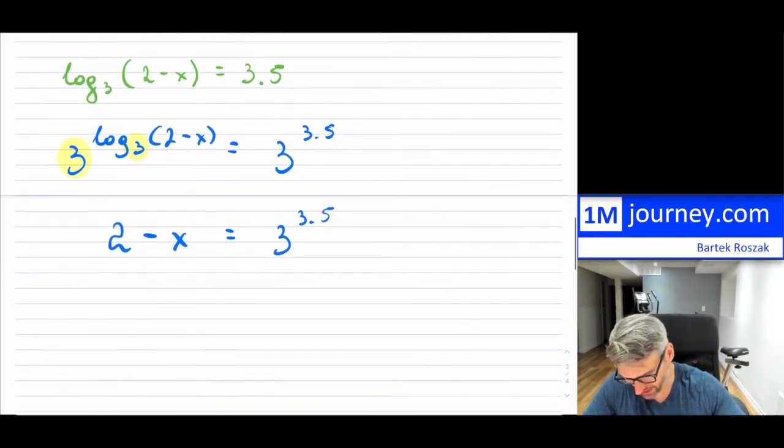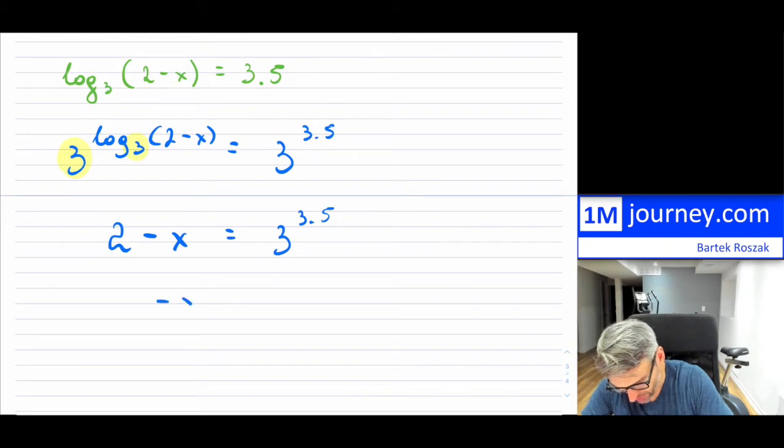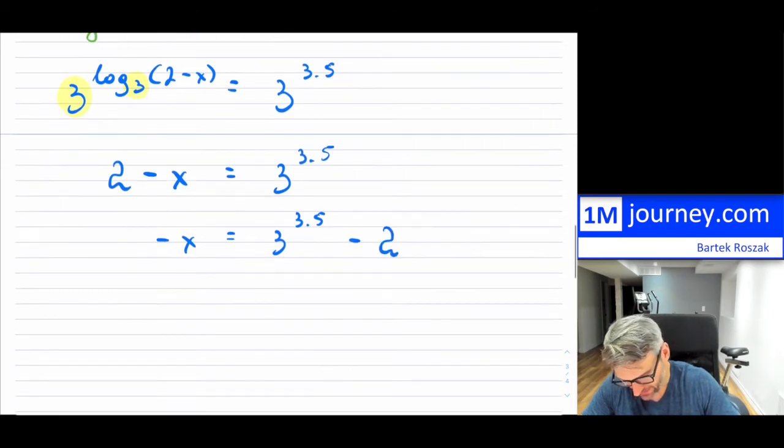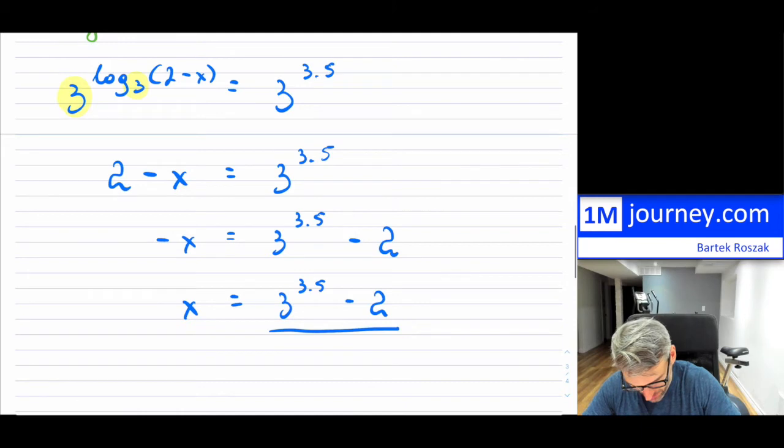Now, solving this, I'm going to switch the 2 over to the other side. So I'm going to get minus 2. And then I can divide by -1 on both sides, or multiply by -1. So this isn't anything new in terms of solving. So I'll just divide both sides by -1, and I get my solution.